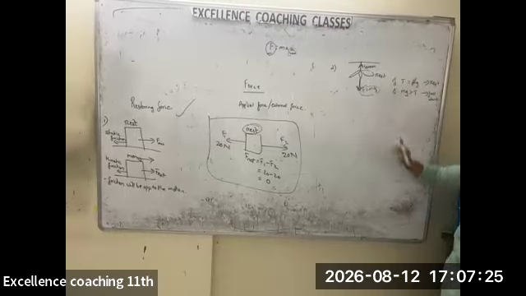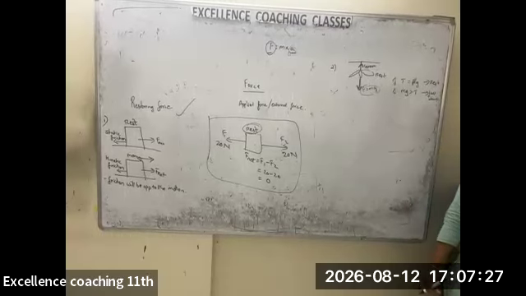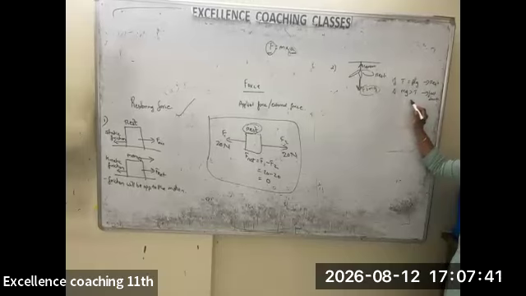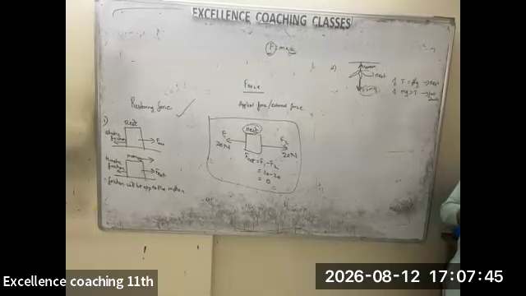So this is never possible. Tension can be equal to mg or it has to be less than mg. Restoring force will be equal to the applied force or it has to be less.